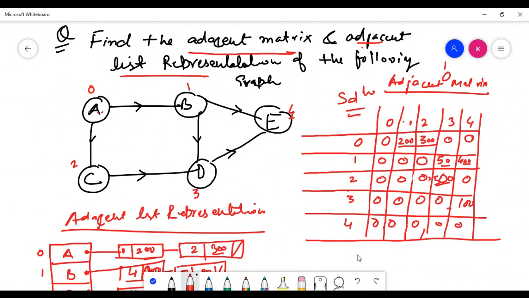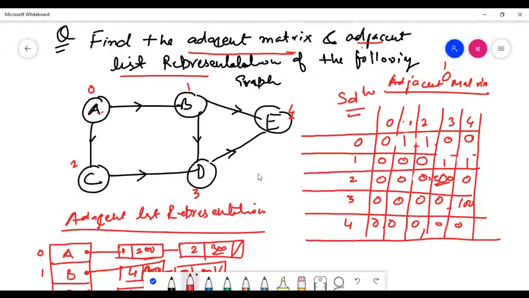Where there is a number, write one only, because from A to B a path exists, so write one. Okay, 0 to 2, a path exists, yes, so one. Same here, 1 to 3 a path exists, write one. 1 to 4 a path exists, yes, one.